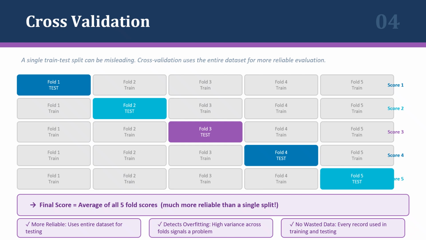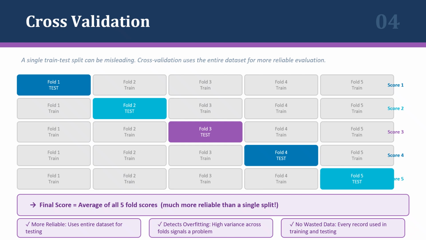And in round 2, use folds 1, 3, 4, 5 for training and fold 2 for testing. Record the score 2. Continue until each fold has been test set once. So final score equal to the average of all the 5 scores.